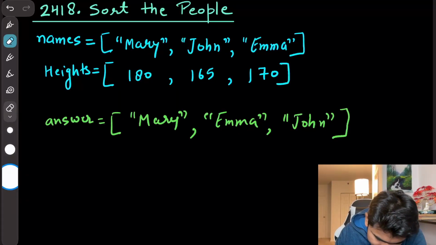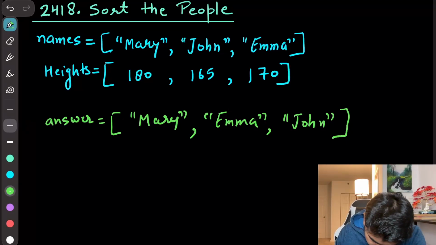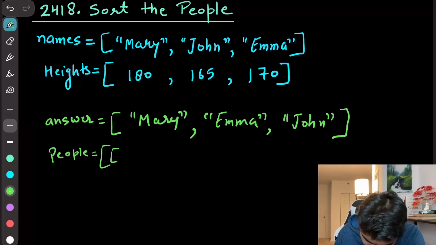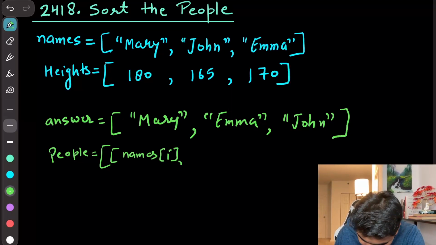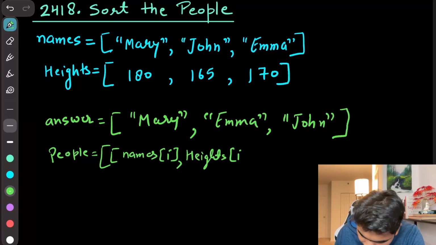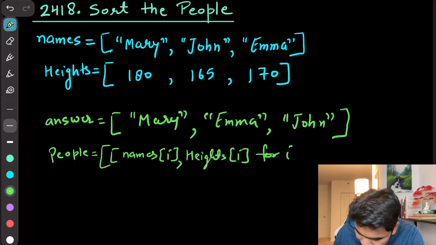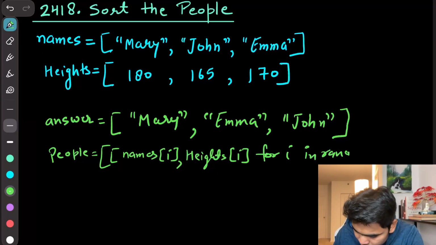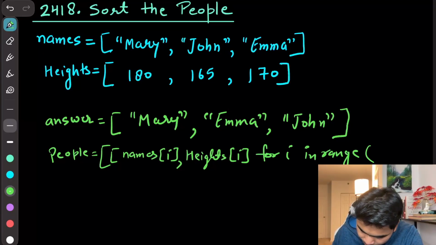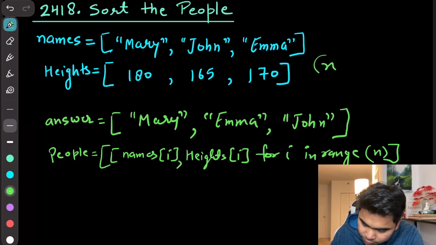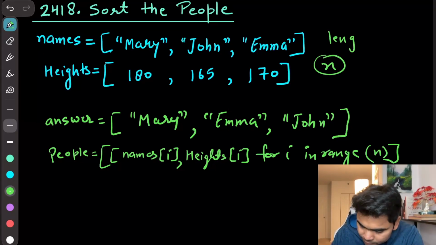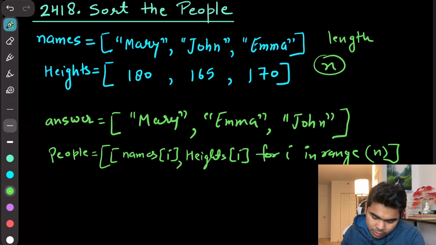So I'll just create another array called people, and this people would be containing two values: first is names at ith position, and then second is heights at ith, for i in range n. I'm just gonna say n, and n is the length of heights and names.